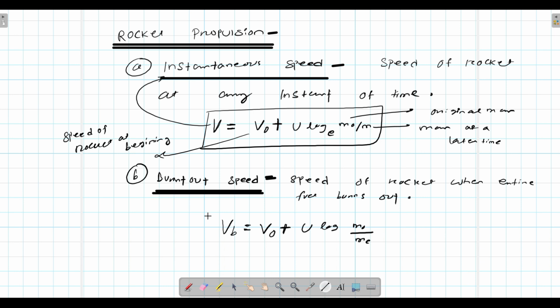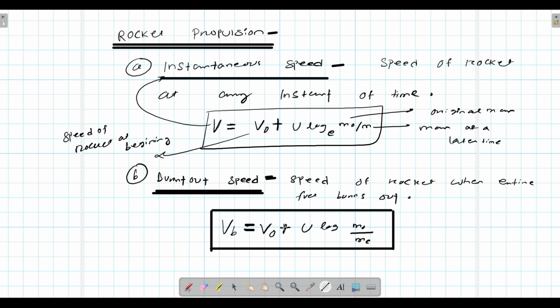That is burnt out speed. MC is the mass of carrier. M0 is the mass at the beginning.